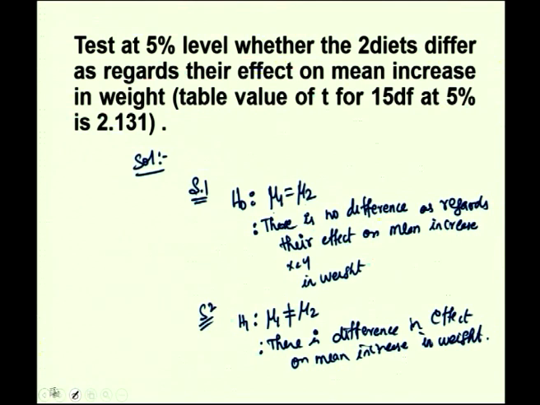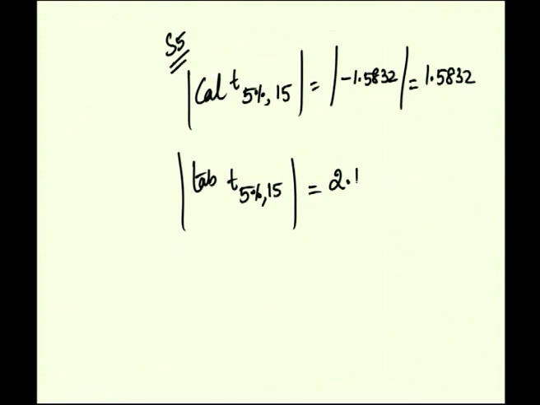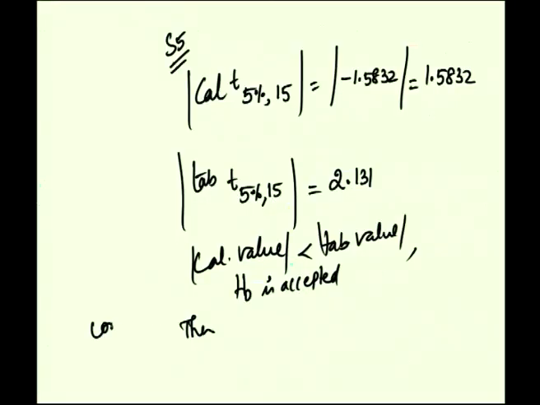Even if you want to, you can verify it with the tables: for 15 degrees of freedom, 5% is 2.131. Now, since the calculated value is less than the tabulated value, H naught is accepted. H naught is accepted in the sense that there is no difference in the mean increase of the diets. This is the conclusion.